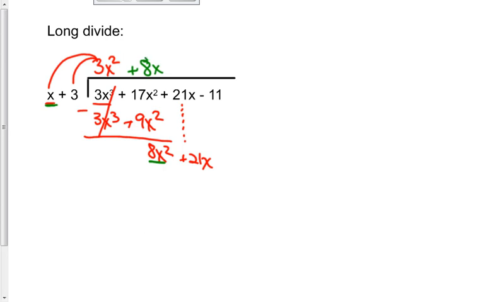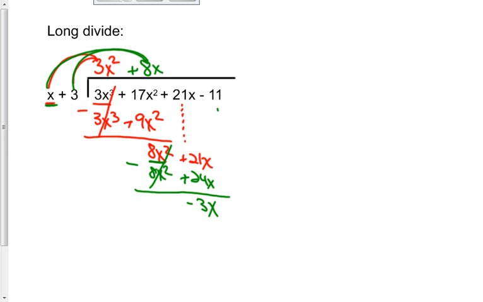Distribution time. 8x times x is 8x squared. 8x times 3 is 24x. And remember to subtract. 8x squared minus 8x squared will disappear. 21x minus 24x, negative 3x.